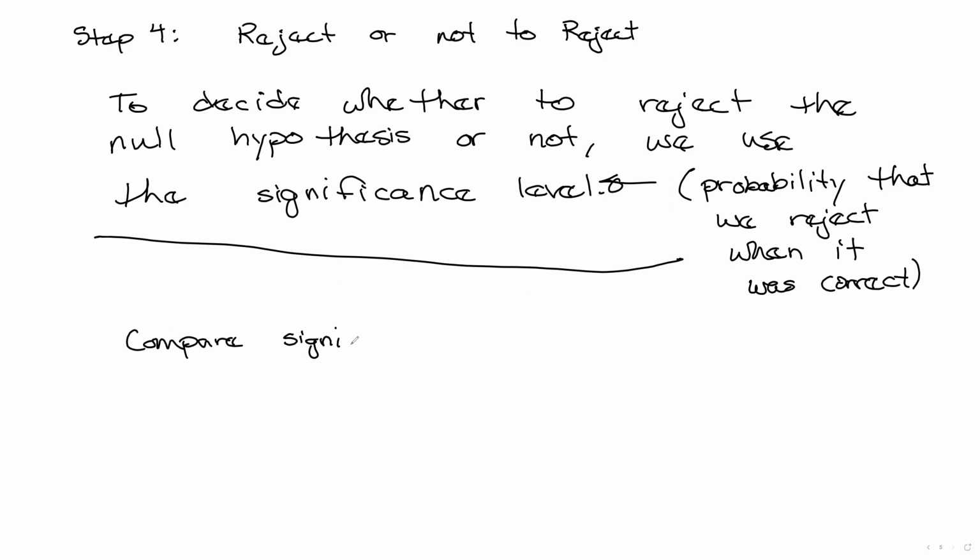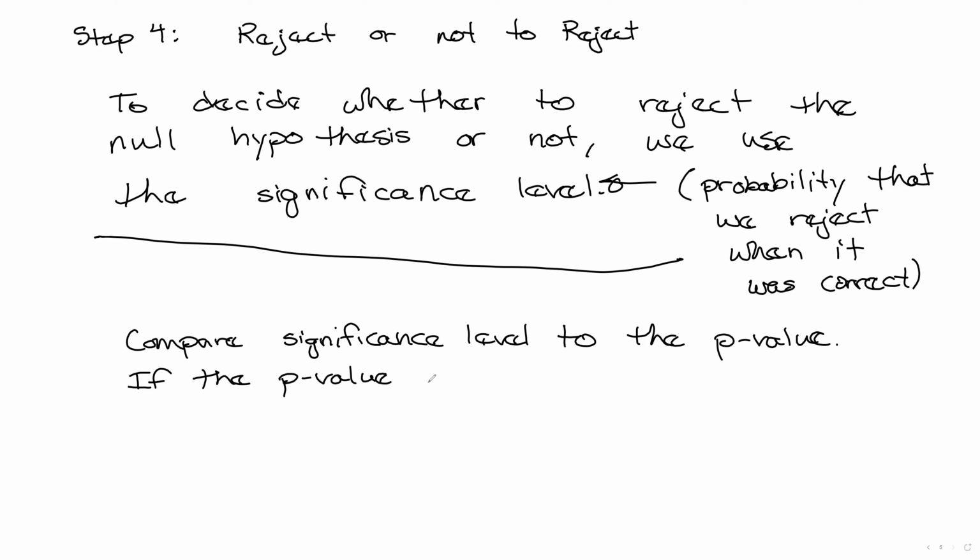Okay. So you're going to compare the significance level to the p-value. If the p-value is less than the significance level, then it wins. The p-value wins, and then we reject the null hypothesis.